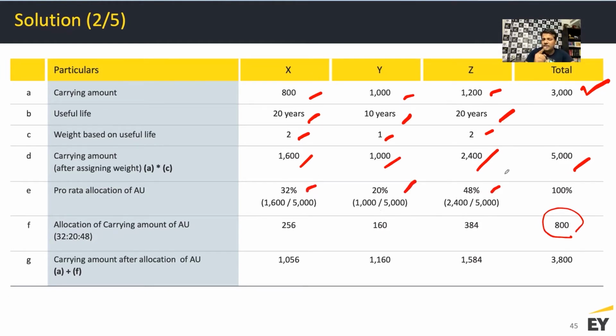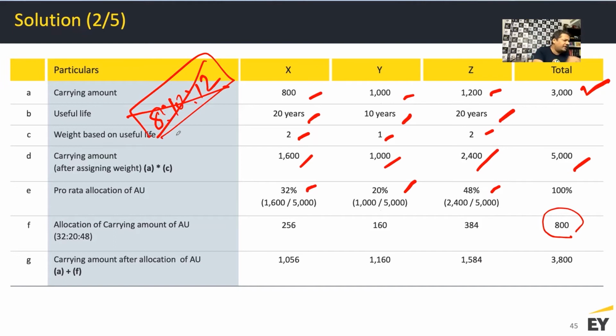That's the important thing you need to understand here. You're trying to do it based on rationale, right? Based on a systematic basis. And the systematic basis is that, if it were simply the carrying value, it would have been very simple, you would have done 8 is to 10 is to 12, right? Now we are not doing 8 is to 10 is to 12. Why am I not doing this? Because there is a difference in useful life.